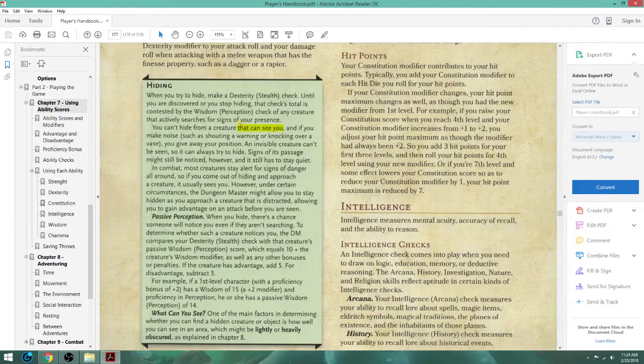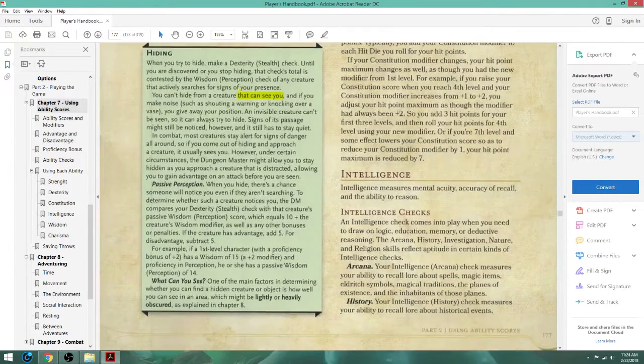If he cannot find you, you still remain hidden. So, being hidden is actually very good because it gives you advantage on an attack before you are seen again. It also gives you advantage on certain other things if you're messing with the other person, such as sleight of hand, and many other things, but it's mostly Dungeon Master's preference.